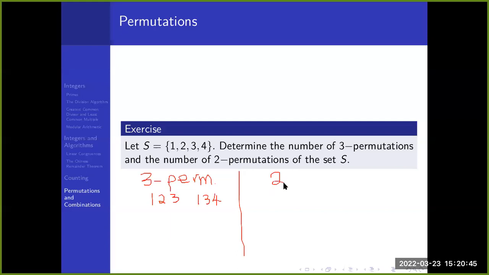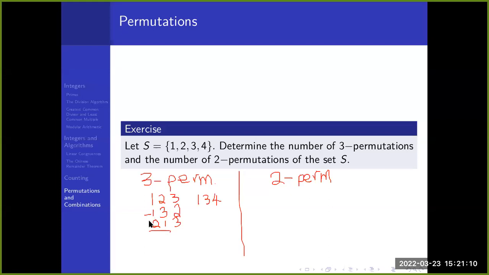You also will need to find the 2 permutations. And now what you will realize is that 1, 2, 3 and 1, 3, 2 are different, right? A rearrangement of these same elements is different, 2, 1, 3. They all have the same numbers in them, but they're different arrangements.